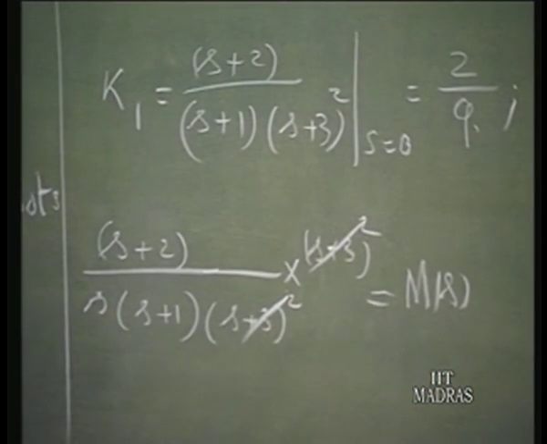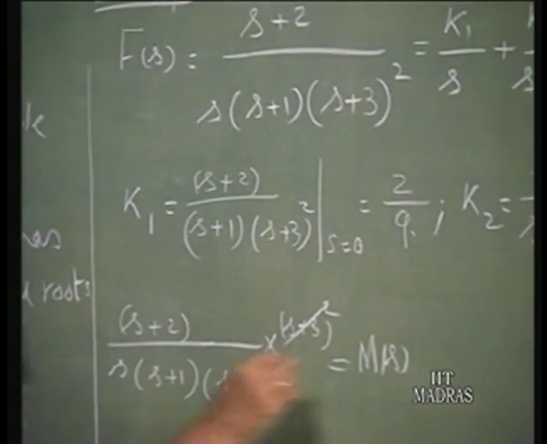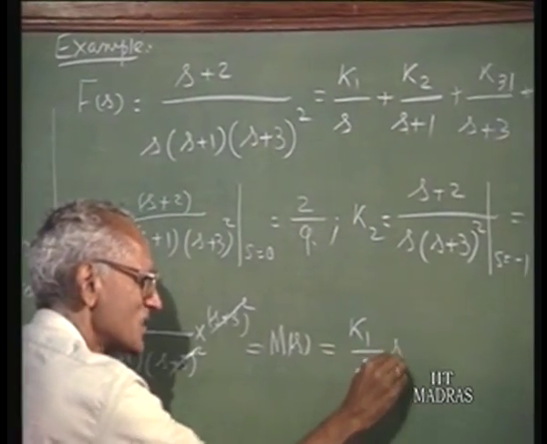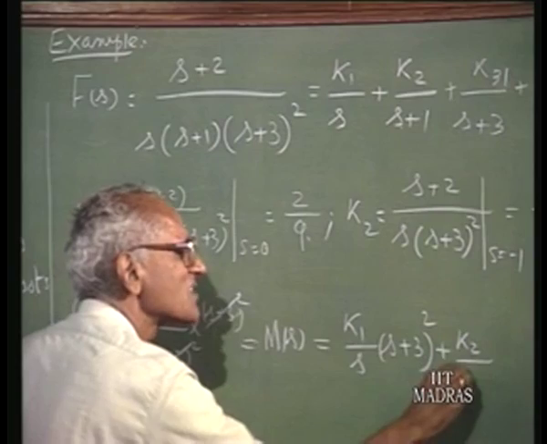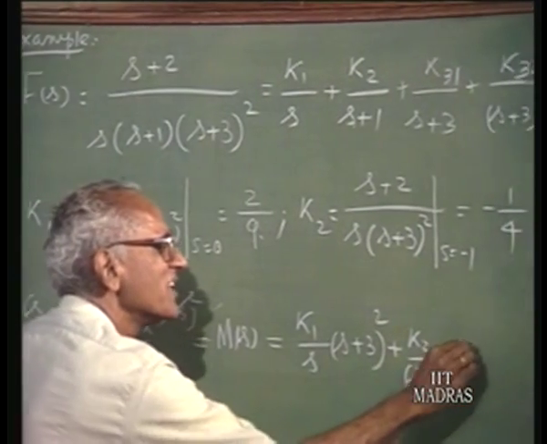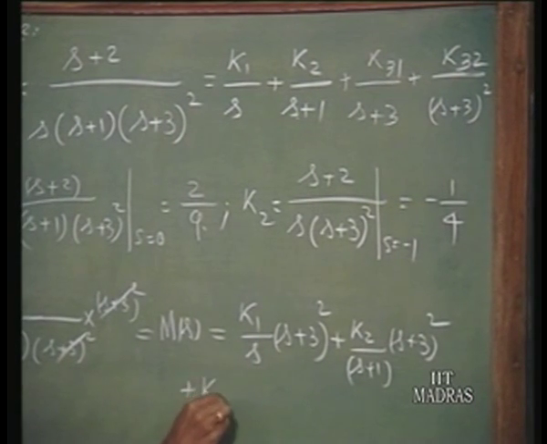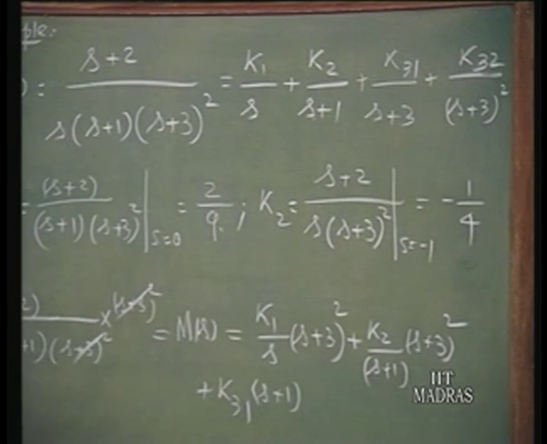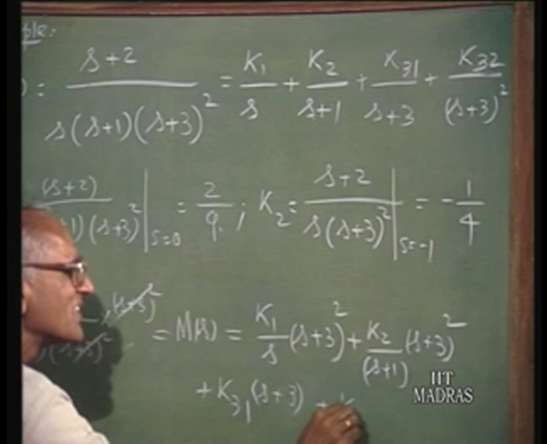So this is m of s. That is, on multiplying this by (s plus 3) whole squared, I get m of s. On the other side, you have k1 over s times (s plus 3) whole squared, plus k2 over (s plus 1) times (s plus 3) whole squared, plus k31 times (s plus 3), plus k32.